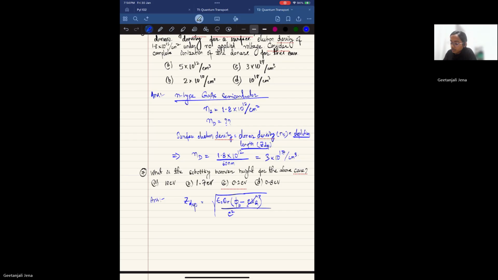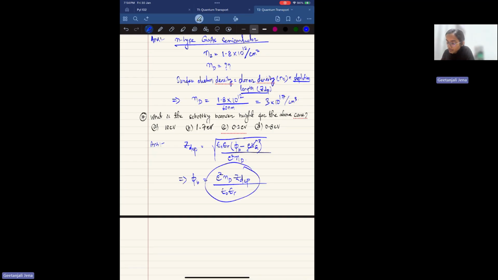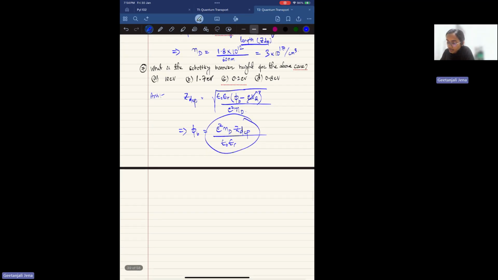So phi b is e squared N_D Z depletion squared divided by 2 epsilon naught epsilon r. All these parameters we know. For gallium arsenide, epsilon r is 12, and N_D and Z depletion are known.